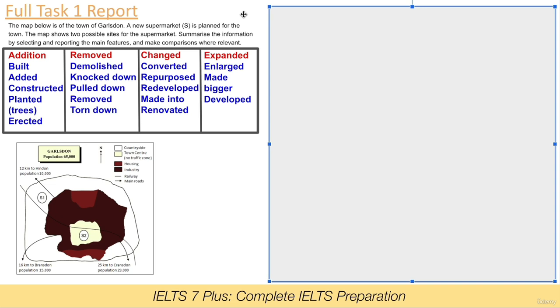And the first thing we want to do is paraphrase. Rewrite the question in our own words. Okay, so let's have a think. The map below is of the town of Galston. The map or perhaps the picture, the image. The image provides, or the data.